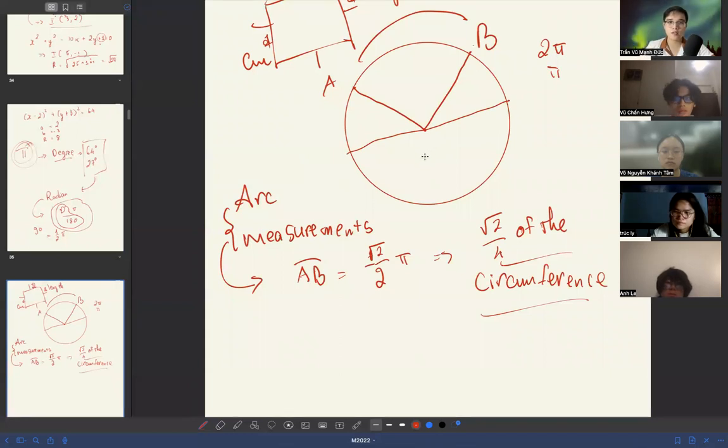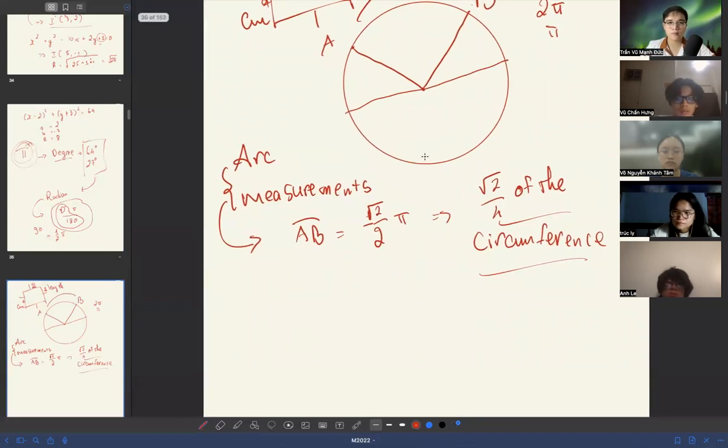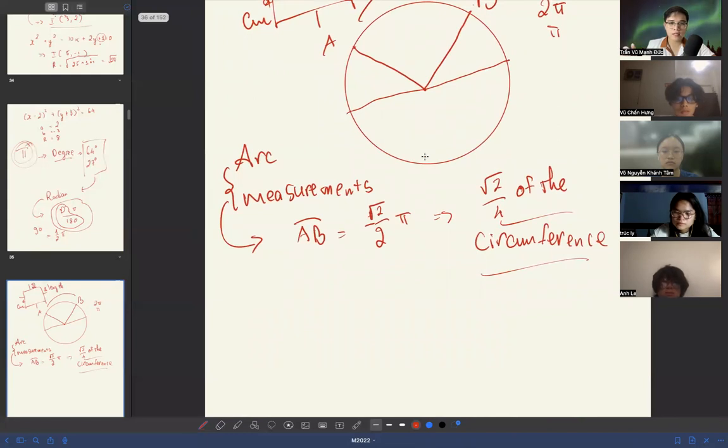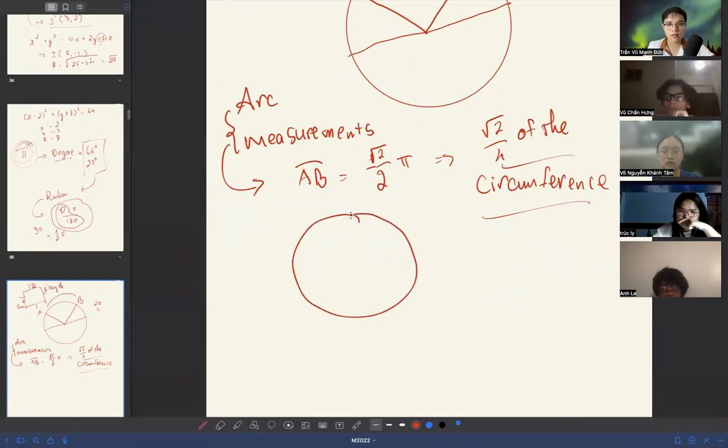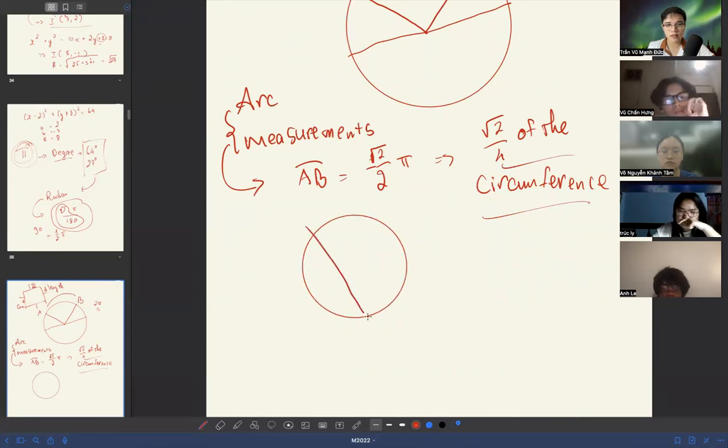So there are two types of arc measurements: the intersecting and the center. Okay, an intersecting arc is like this. It originates from the circumference of the circle.